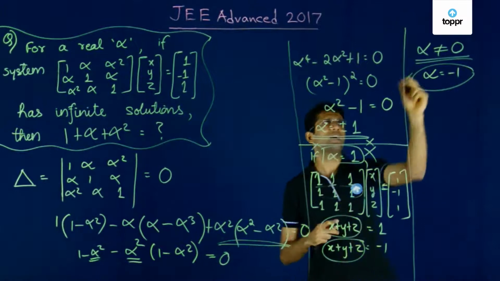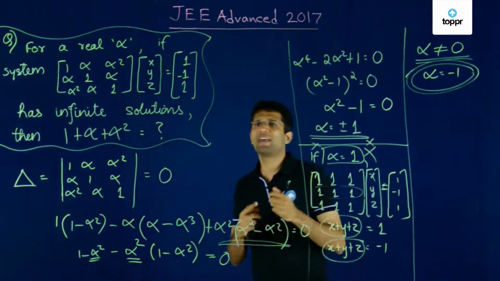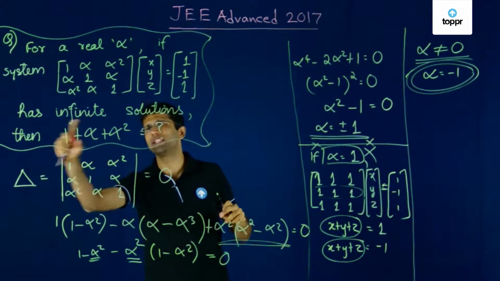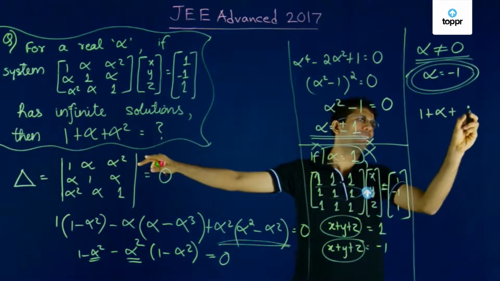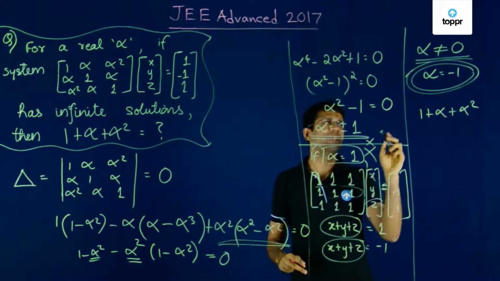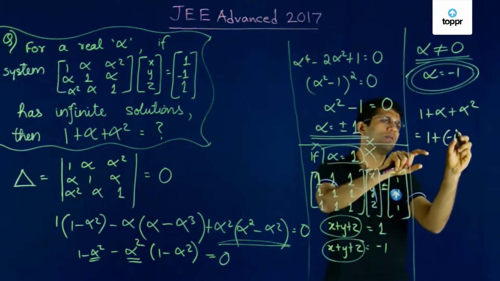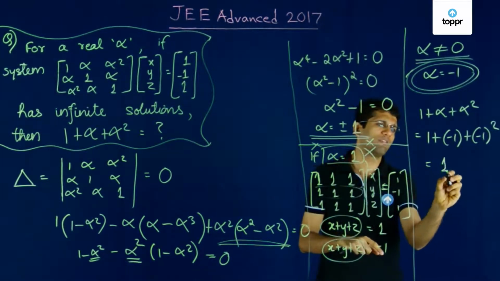Now that we have discarded alpha equals 1 and taken alpha equal to minus 1, the remaining question is very easy. The only thing we need to do is substitute the value of alpha as minus 1 in this equation, and so we get 1 plus alpha square, which will be equal to 1 plus minus 1 the whole square, which gives us the value 1 itself.